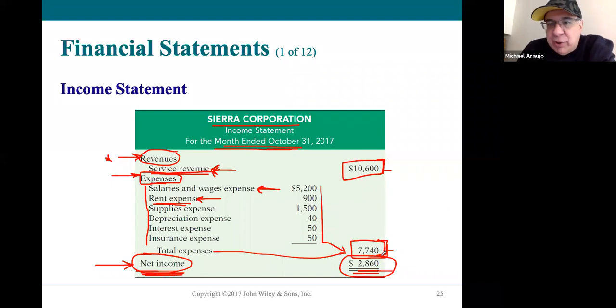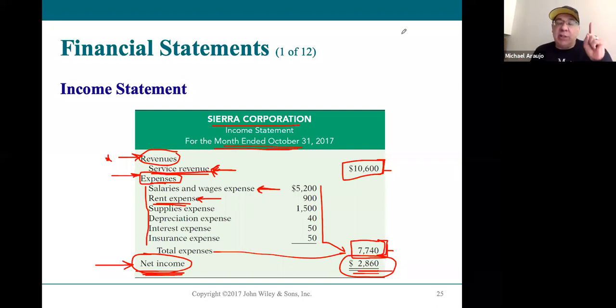So here's a question. Who owns the profit? Here, Sierra Corporation just calculated that in October, it had a profit of $2,860. That's terrific. Who owns the profit of the company? Shareholders? Yeah, the owners. The owners own the profit of a company.